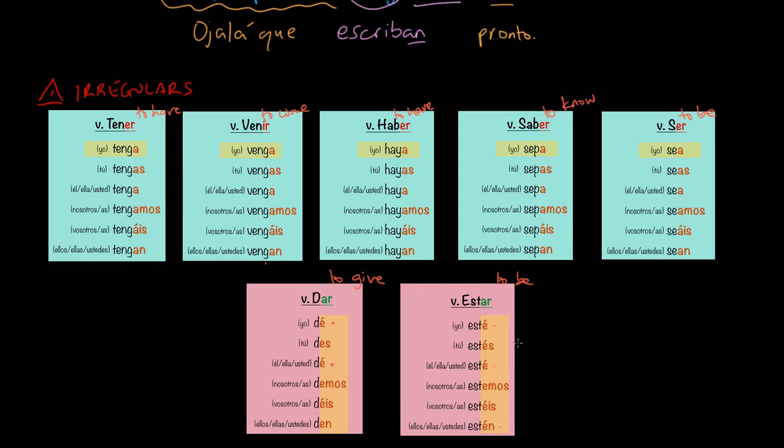The best way of learning and remembering that these are irregular is maybe by remembering a couple of sentences. For example, you could make up the sentence: Ojalá esté en la fiesta. I hope he's at the party, or I hope she's at the party. Ojalá esté en la fiesta.